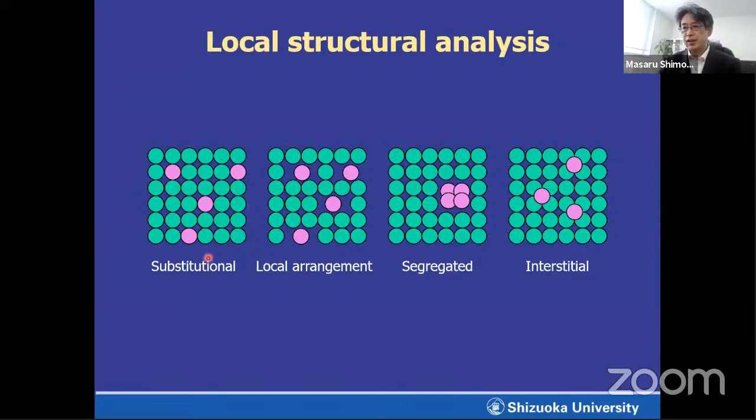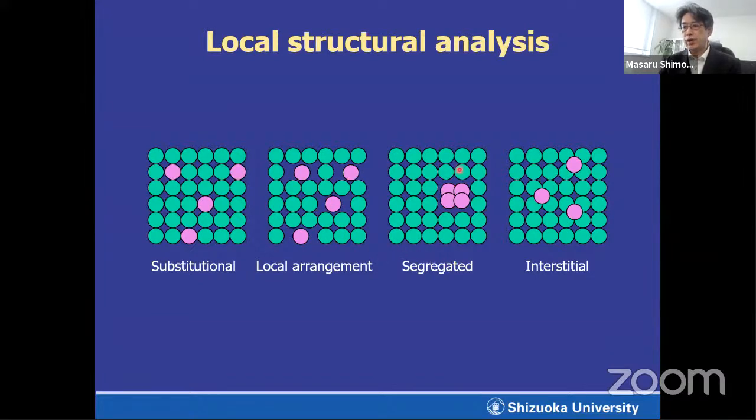The first one is the substitutional site model, which substitutes the site of the main material. The second one is also substitutional, but the local structure is a little different from the original one, for example a dopant and vacancy pair or local distortion.